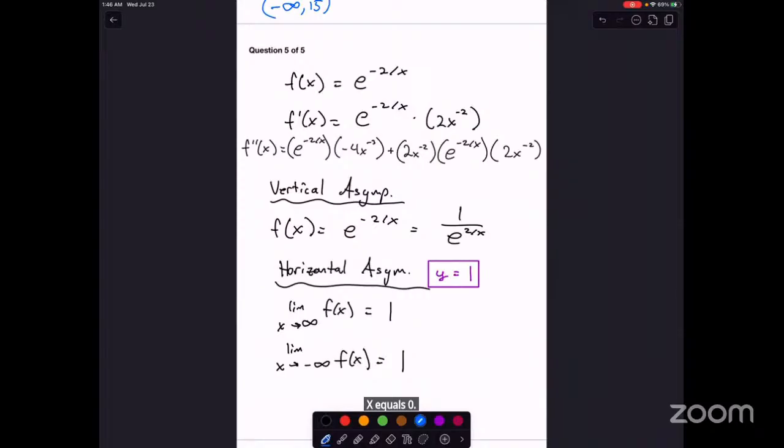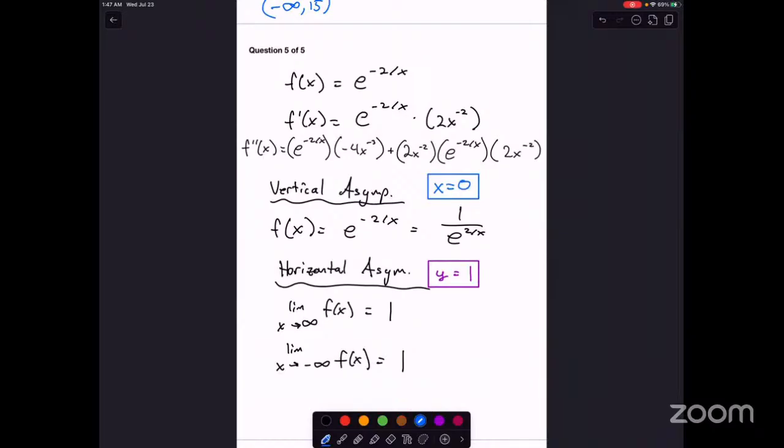Let's see. All right, so we got x equals 0 there. Horizontal: e to the 0 is a 1.